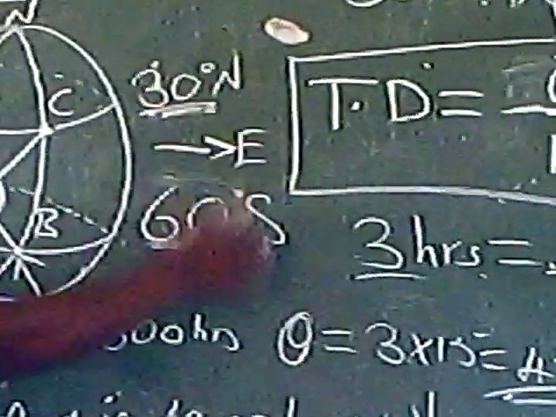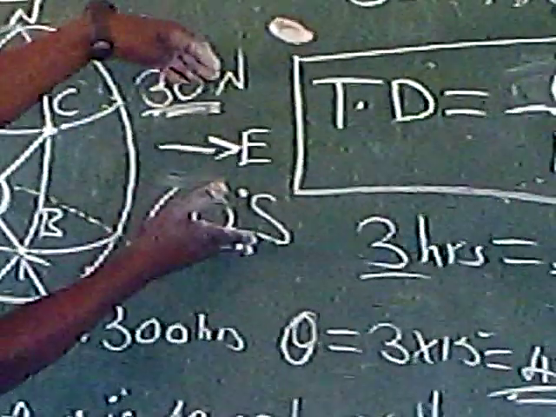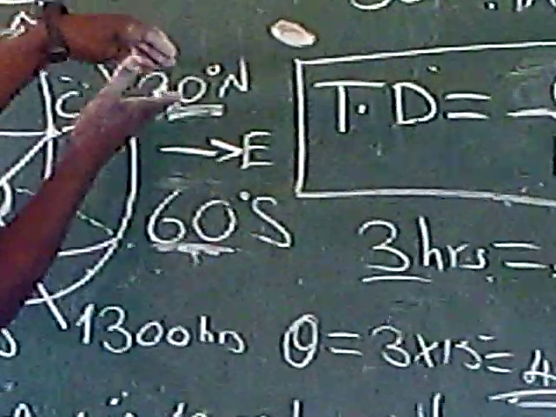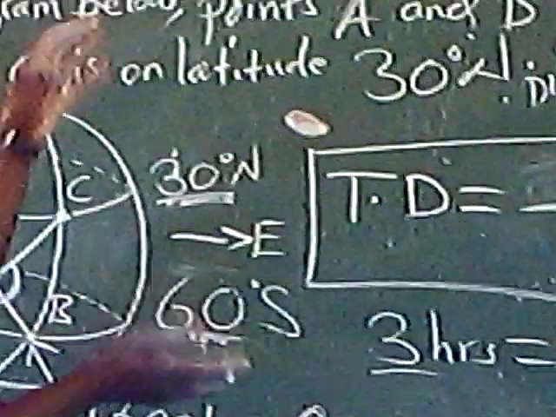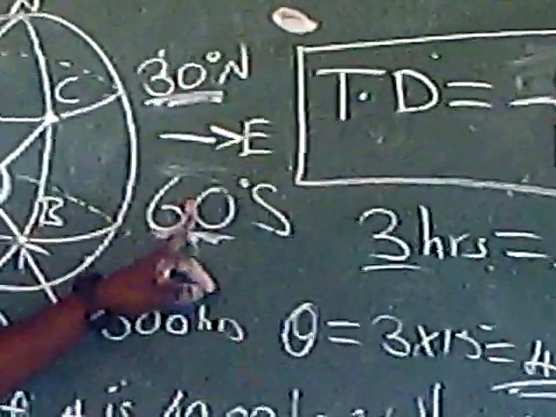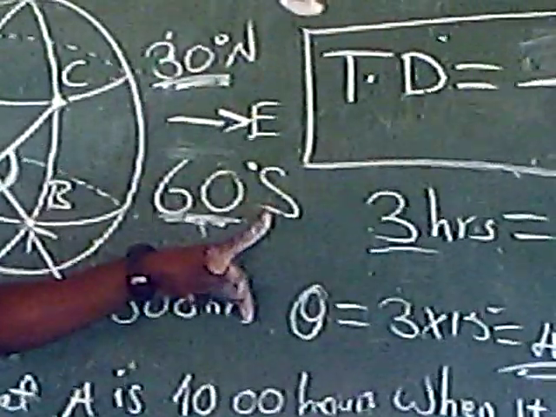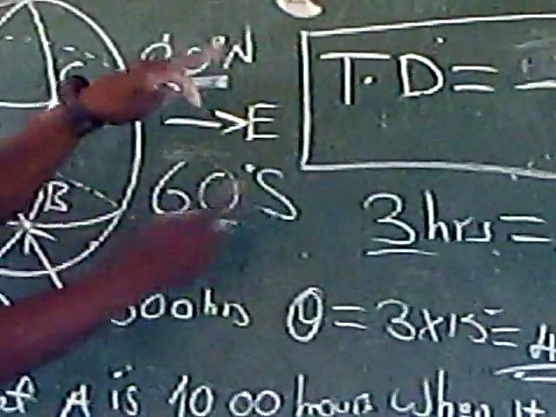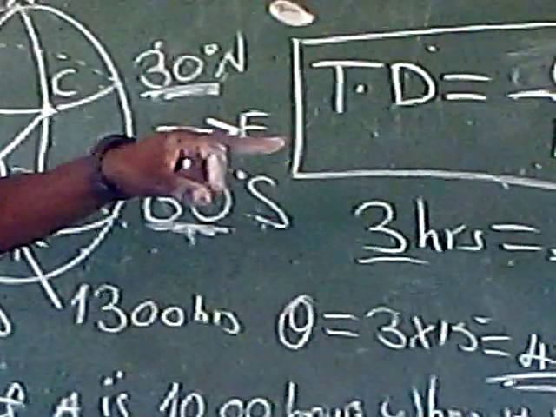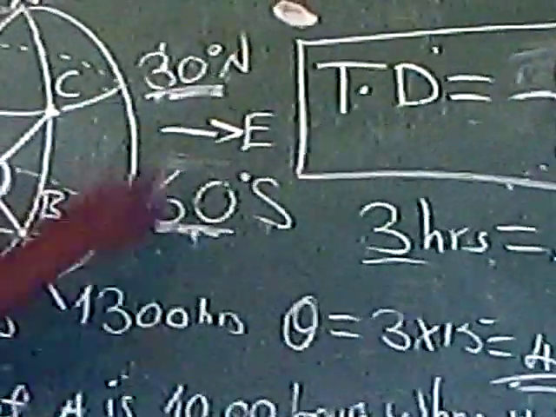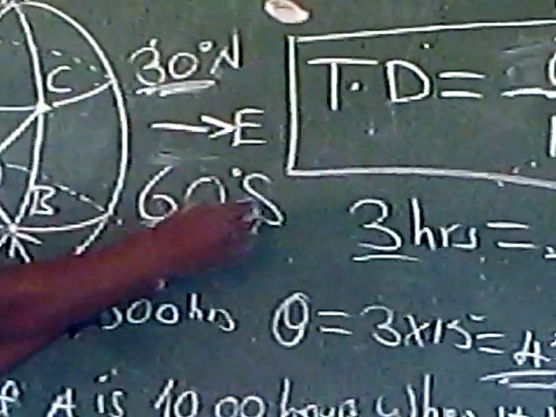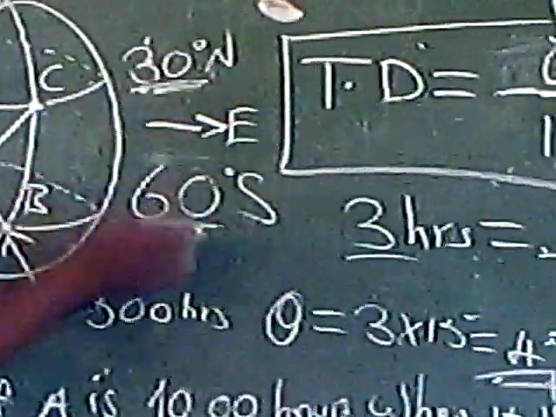If you have angles from different hemispheres, you add them; if they were in the same hemisphere, you would have subtracted. So we add this latitude to this one. Of course, we forget about the north and the south. We simply add 30 plus 60, which is 90.